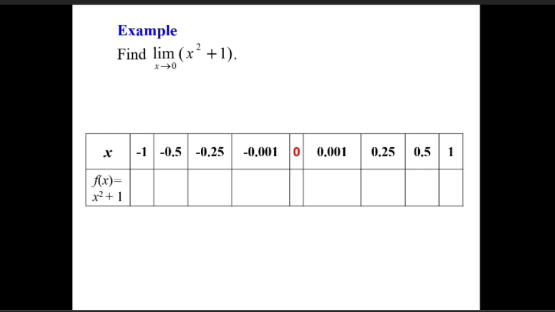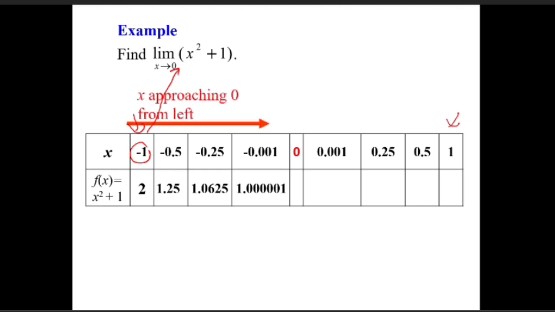Alright, so let's say we did not sketch the graph, and I want to show you what happens when x approaches 0. Let's say I start with the numbers -1 and +1. When I substitute -1 into x, -1 squared plus 1, you get 2. And then I substitute in -0.5 squared plus 1, and so on. So these are the values of x when it approaches 0 from the left side.